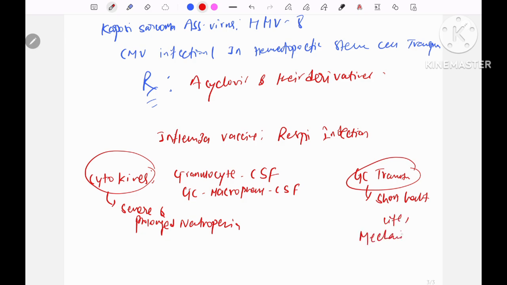It can break down, so its level cannot be raised for a very long period. There is also very little or no response to granulocyte transfusion, so we do not prefer this.